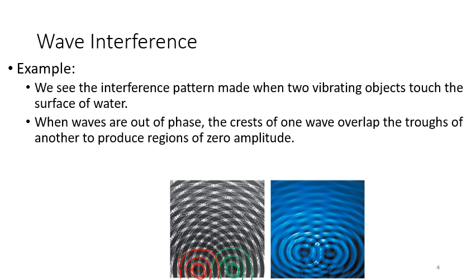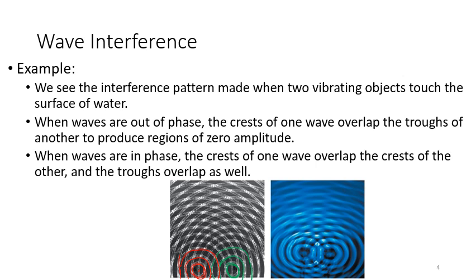And if you consider the other points where both waves are in phase, that means the crest of one wave overlaps with the crest of the second wave, it will show a larger amplitude over there. That means constructive interference. So these points will be constructive interference.